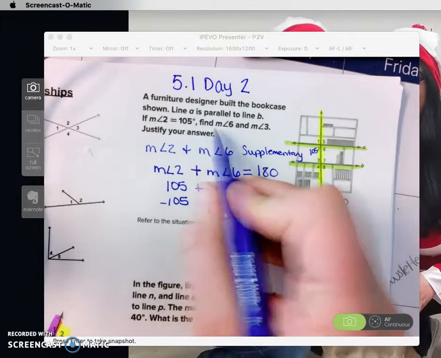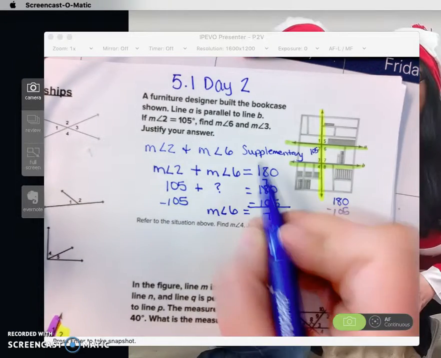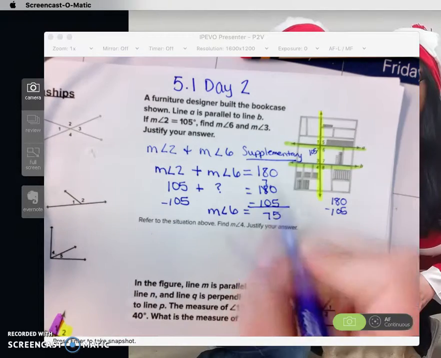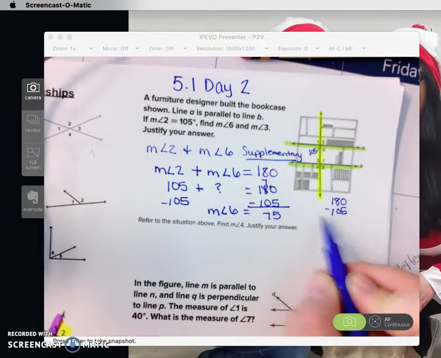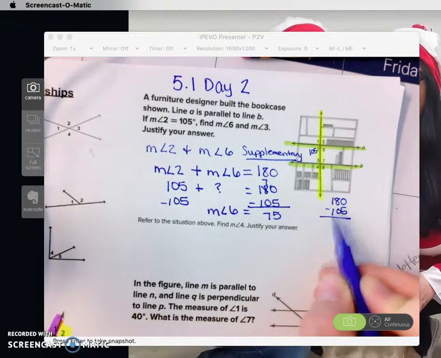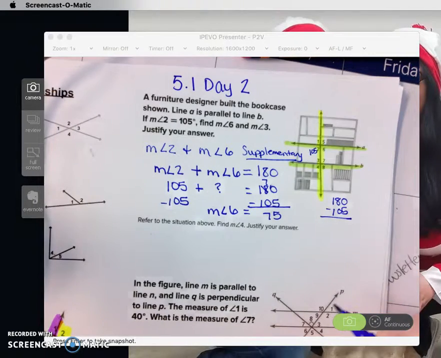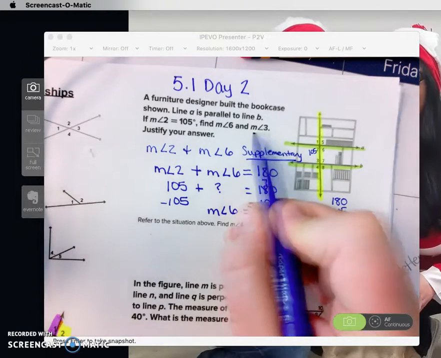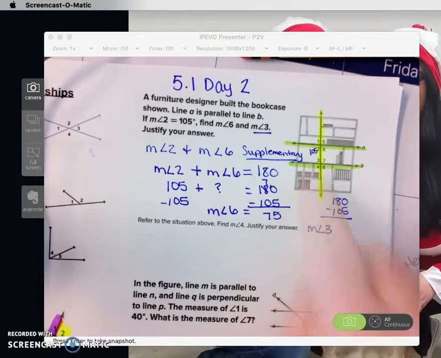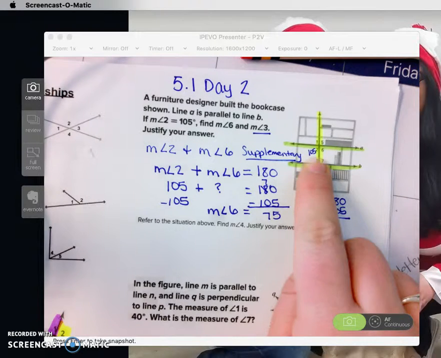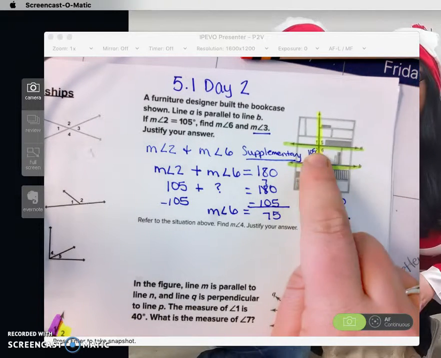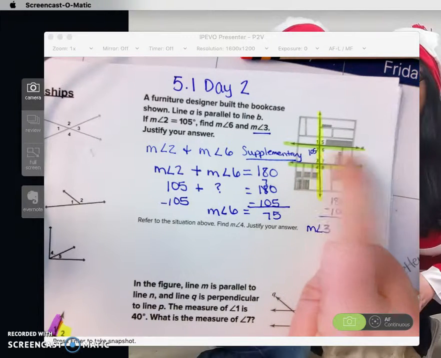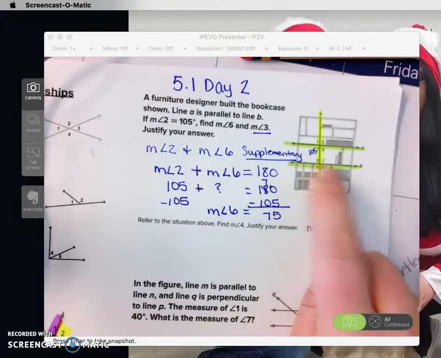Now, this is the justification right here. Because they're supplementary, I can add them together, equals 180, or I can just subtract the 180 minus the known angle. Okay, then the measure of angle 3, I still need to find that one. Well, that one's right here. If angle 2 is equal to 105 and angle 6 is equal to 75, what would angle 3 be?